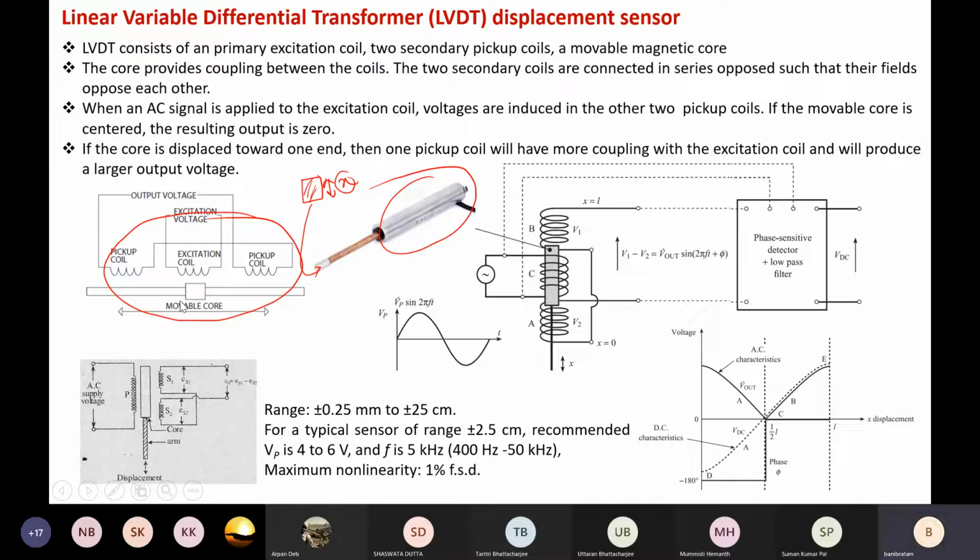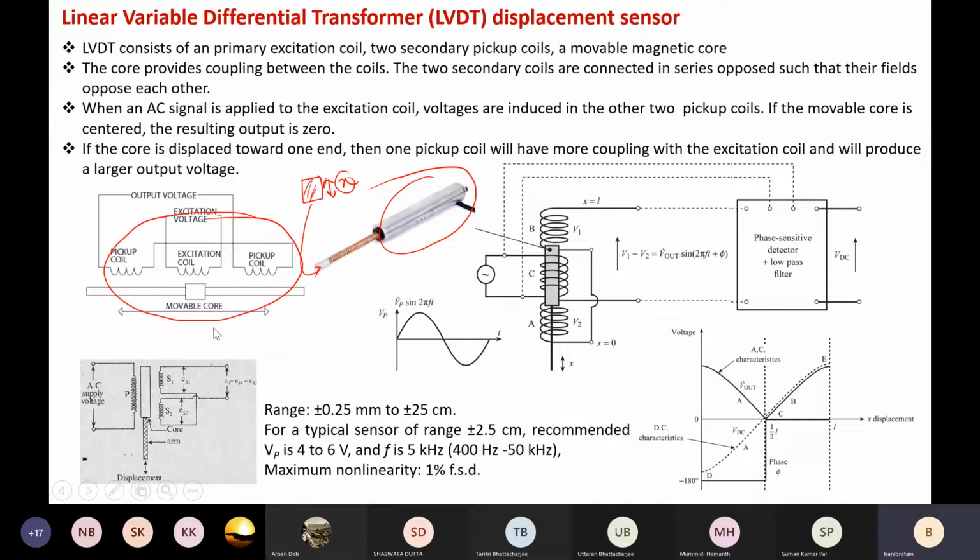So when the movable core is located equidistant from both the secondary coils, that means when the displacement is zero, then the movable core will be located equidistant from both secondary coils. So at zero position, the flux cutting at this secondary coil and flux cutting at this secondary coil, both will be what?